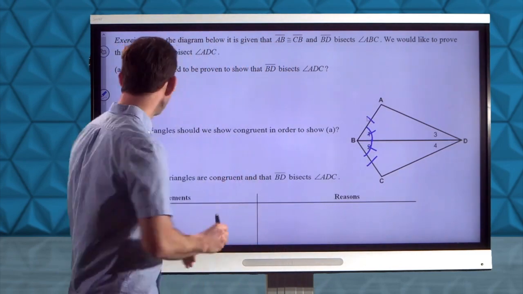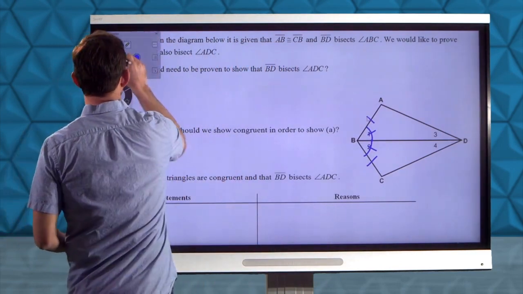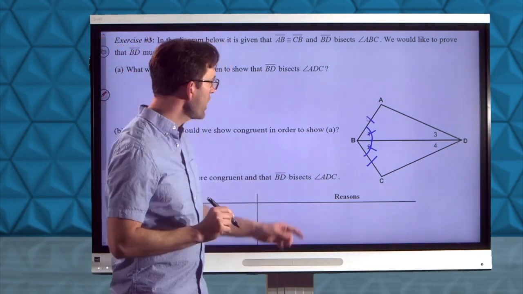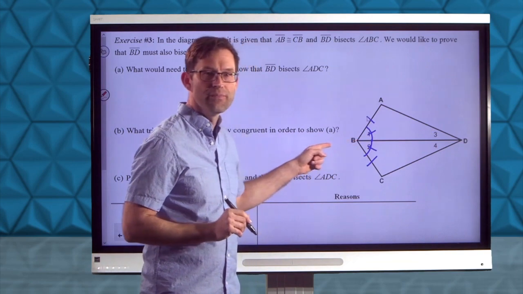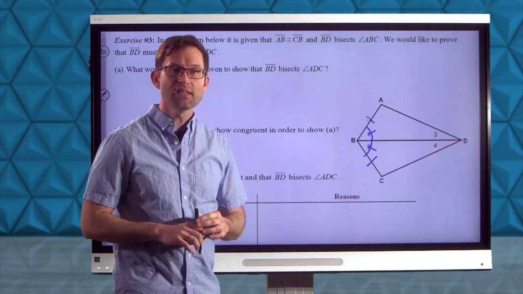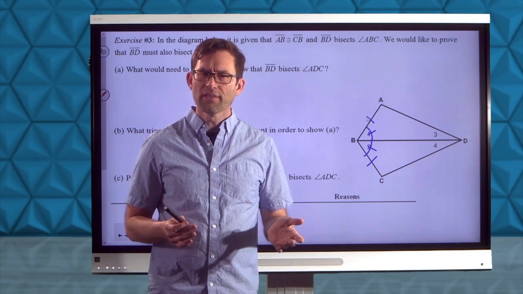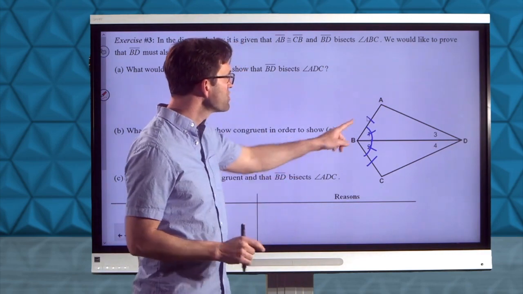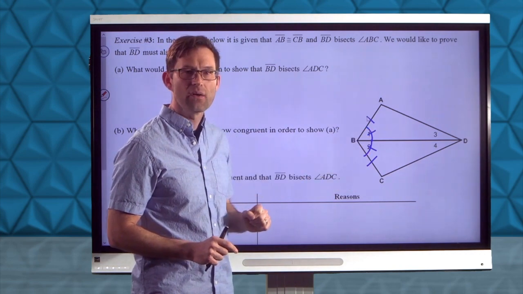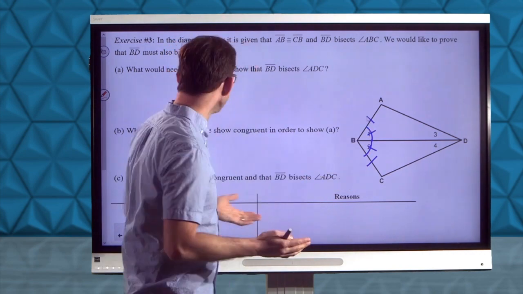Now finally, and maybe do this in another color, just to distinguish, what we're trying to prove is that BD also must bisect angle ADC. Isn't that remarkable? That has to be the case just based on the fact that that length is equal to that length and that angle is equal to that angle. But let's take a look at why.